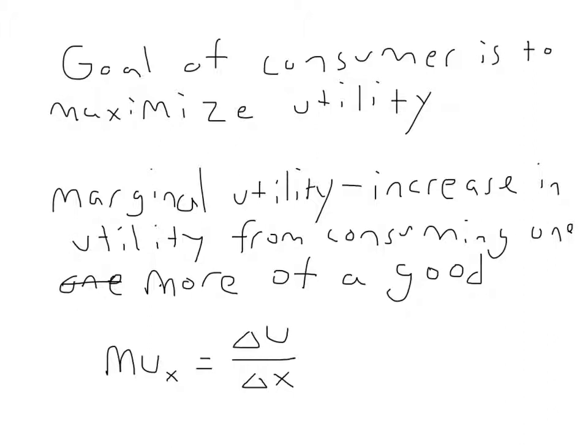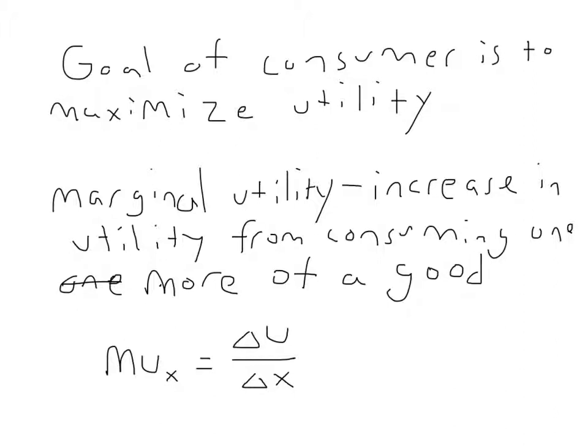So the goal for our consumer is going to be to maximize his utility. Just like with our cost function and our revenue function, the idea of a marginal change is going to be very important to finding the maximum. So we define our marginal utility. It's the increase in utility you get from consuming one more of a good.